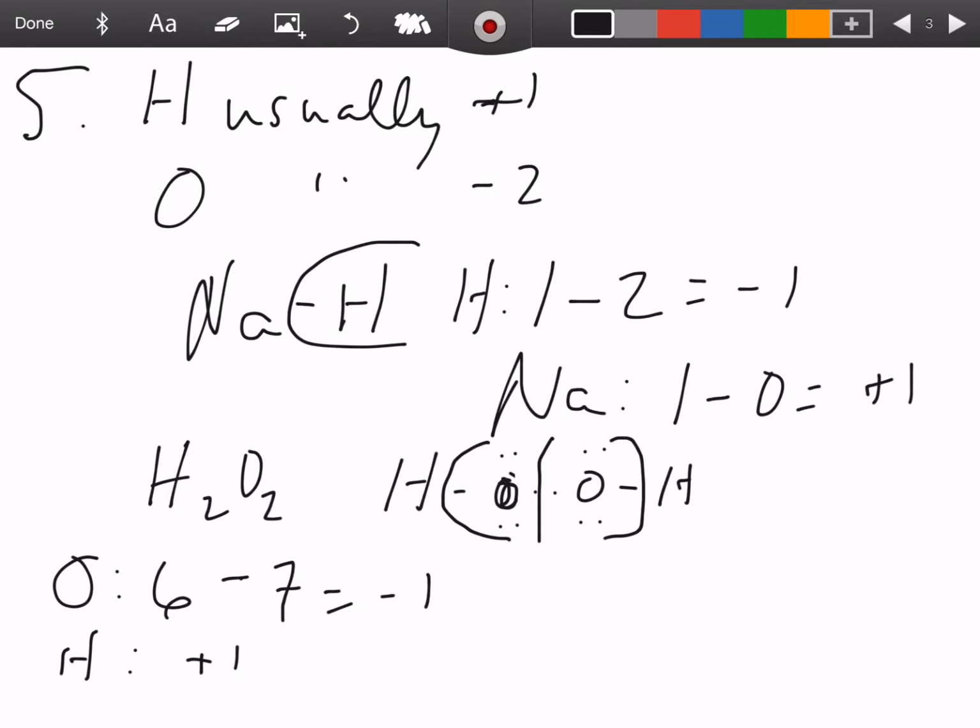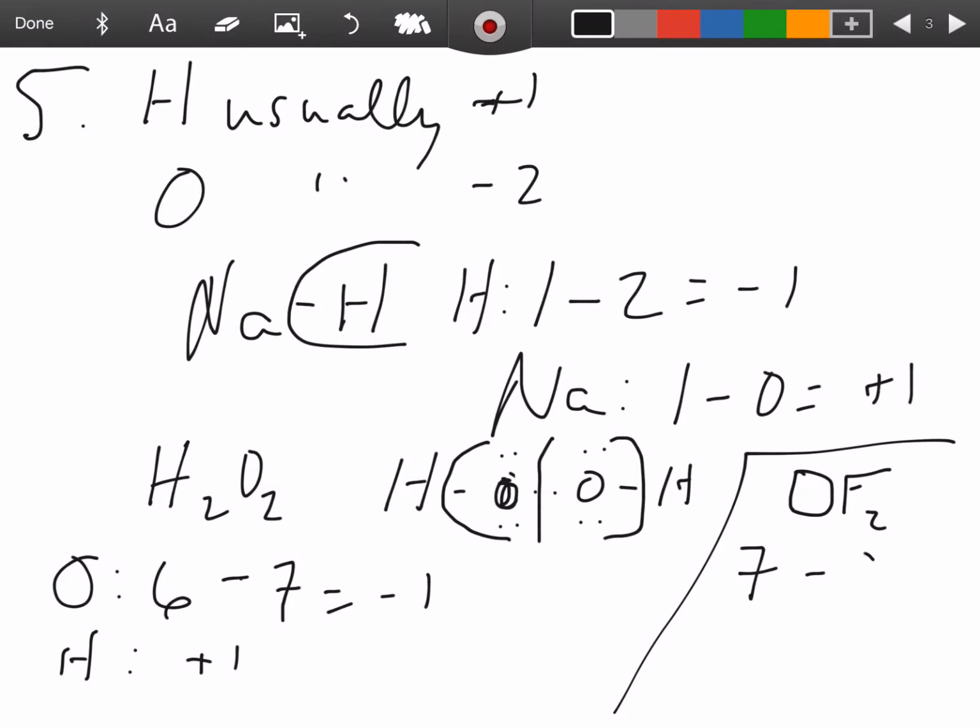The other place where we might see a difference is in maybe something like the compound OF2, right? So in that case, which element is more electronegative? And the answer is the fluorine. So if the fluorine is more electronegative, it's going to get any electrons that are in that shared bond. And so the fluorine is going to have a valence of 7.